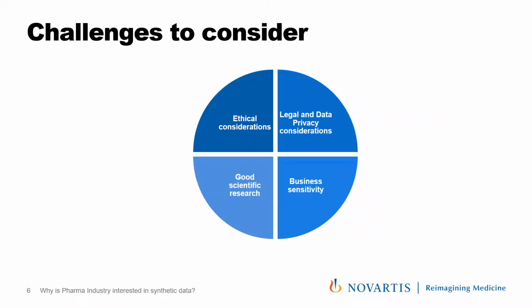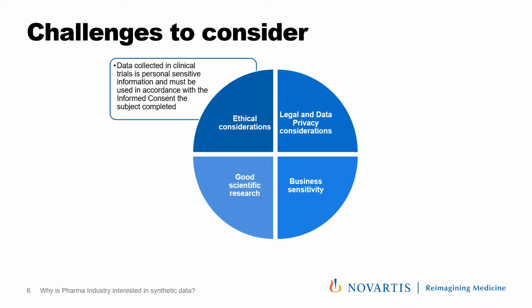However, with this, there are challenges to consider, and I break this down into four key buckets: the ethical considerations, legal and data privacy considerations, good scientific research, and business sensitivity. So what are the challenges in these areas?